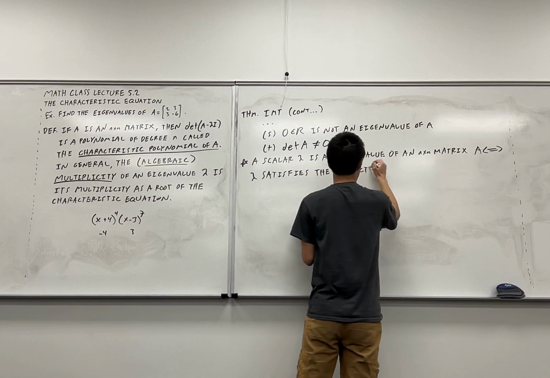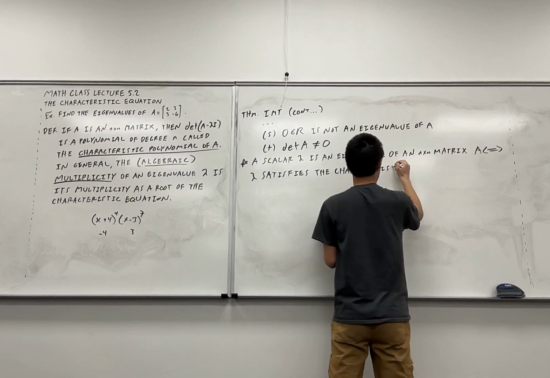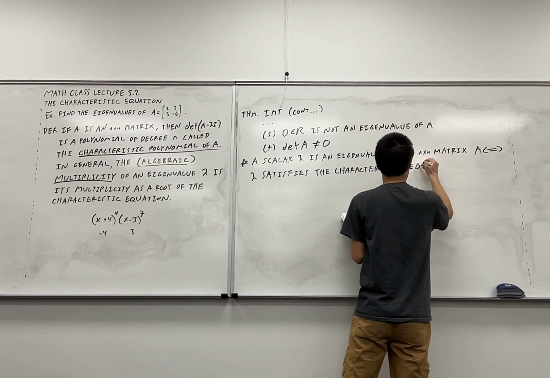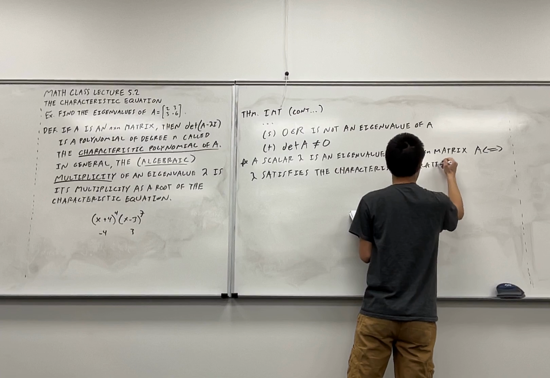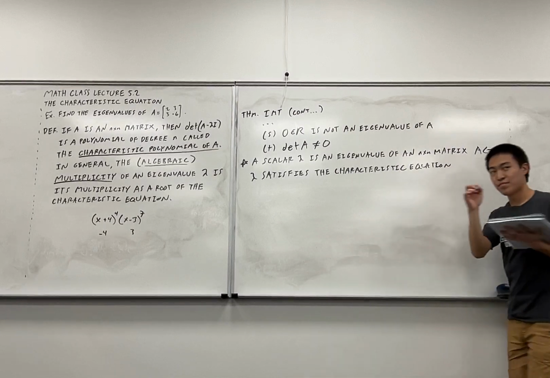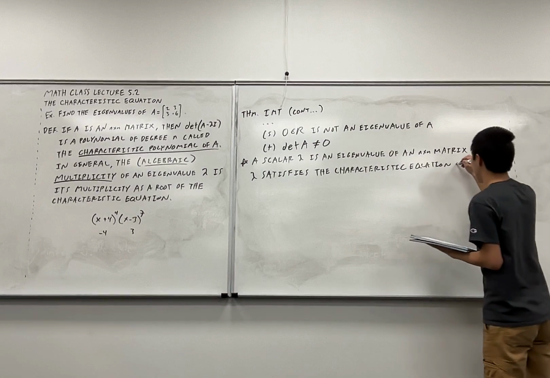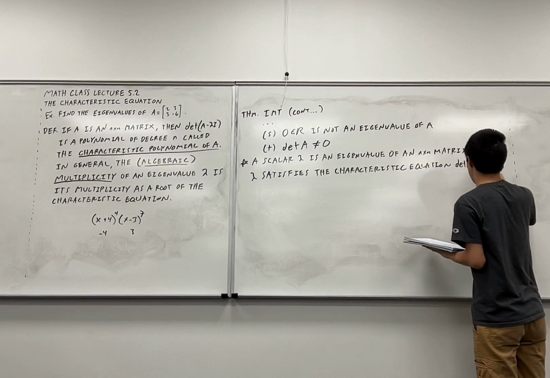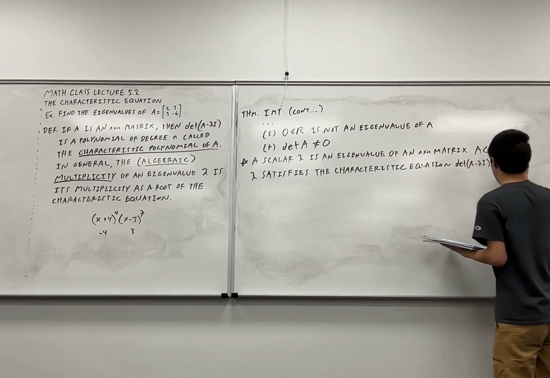What is that characteristic equation? Do you guys remember? The determinant of A minus lambda I equals 0.